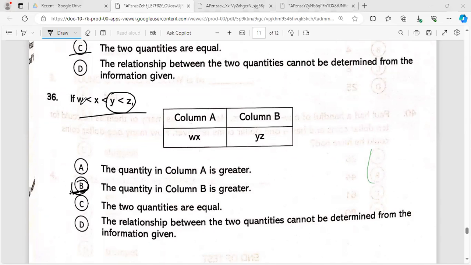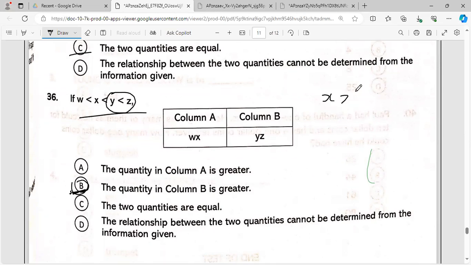Let's listen to what it says. It says W is less than X, which also means that X is greater than W. If W is less than X, it means that X is greater than W. So that's how Juvian looked at it. So it's correct.